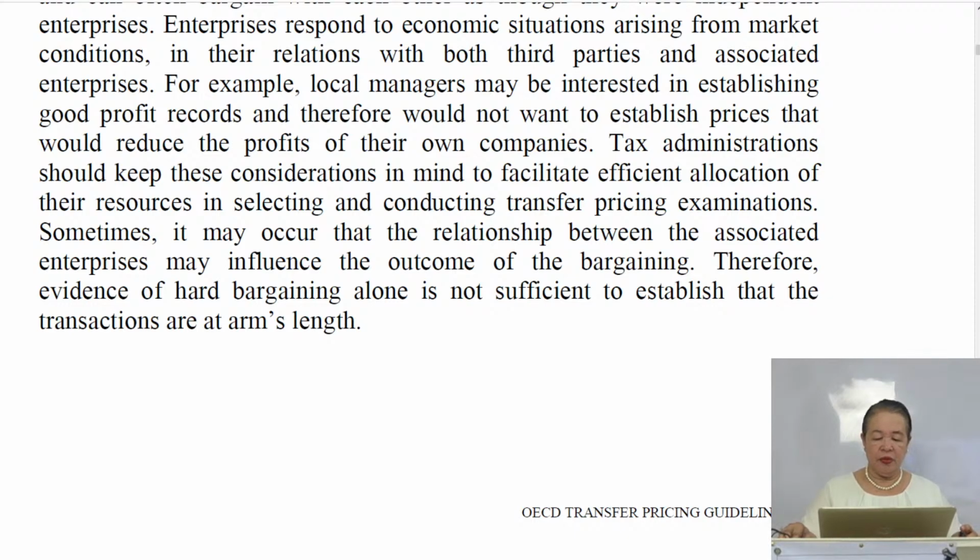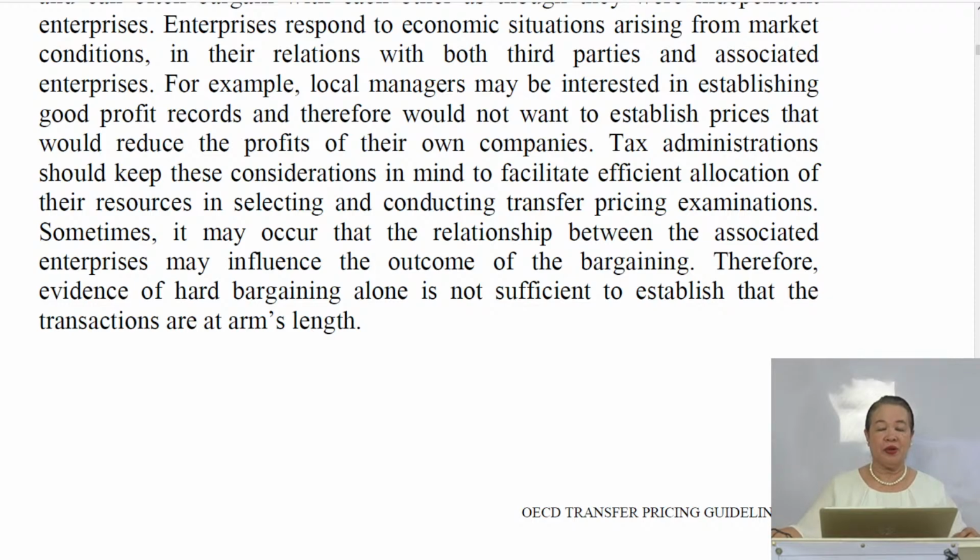Local managers may be interested in establishing good profit records and therefore would not want to establish prices that would reduce the profits of their own companies. So, in order to make profit, you have to monitor your prices. Because in pricing goods and services, there lies your profit.